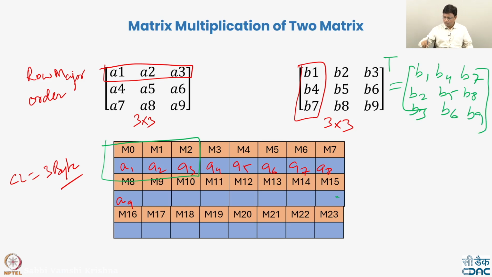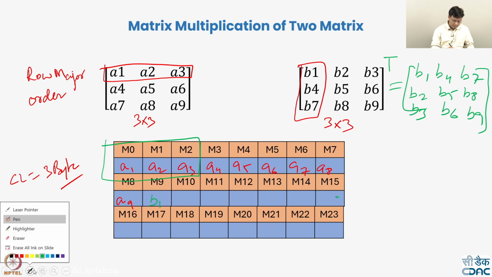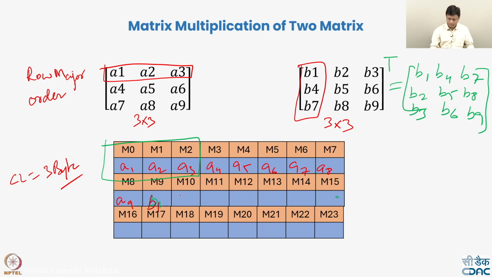And now, after transposing, if I store this matrix in a memory location, then how is it going to be stored? Just see. It is B1, B4, B7, B2, B5, B8, B3, B6 and the last one is B9.